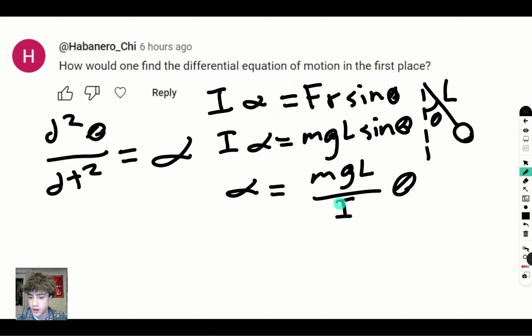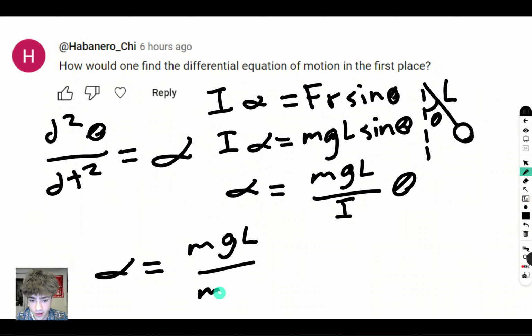When we have inertia, we take a look at the inertia of the system, and since this rod or string is massless, the inertia of this simple pendulum is just the inertia of this point mass, and we know the inertia of a point mass is mr squared, and in this case our r is L. So let's write that out. Alpha is mgl over our inertia of ml squared theta.